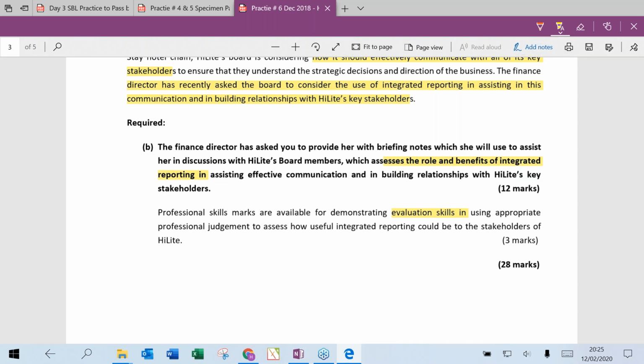And then we need to move to the benefits of integrated reporting. Since it's a voluntary disclosure, it would enhance Highlight's reputation for transparency. It will be a good communication document with all the key stakeholders. It will inform the key stakeholders what we are thinking of.